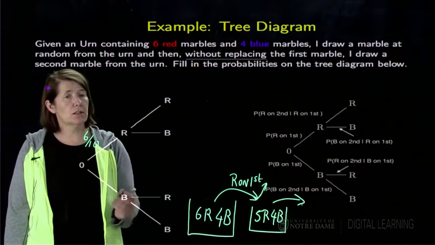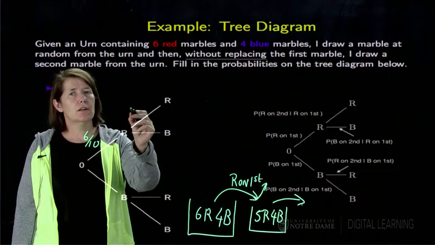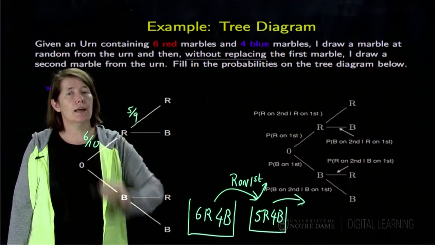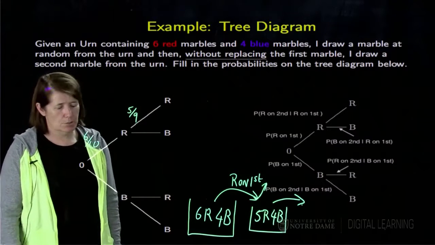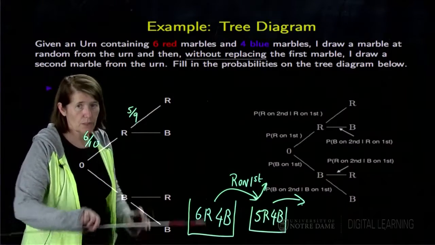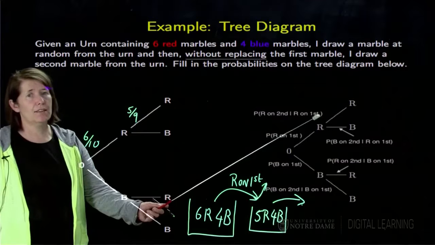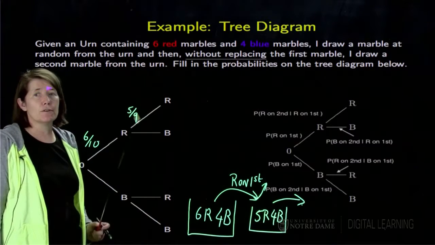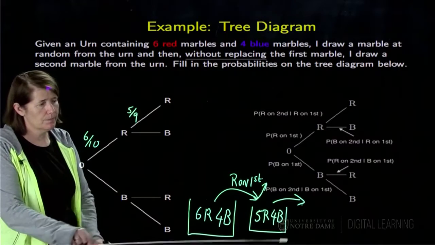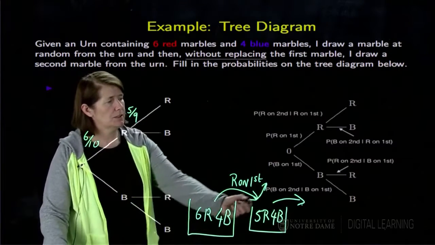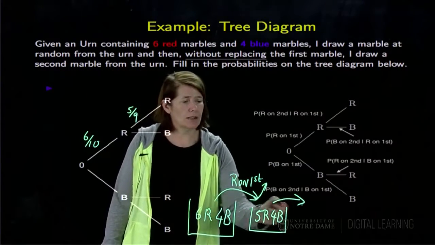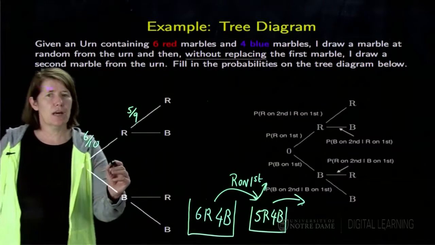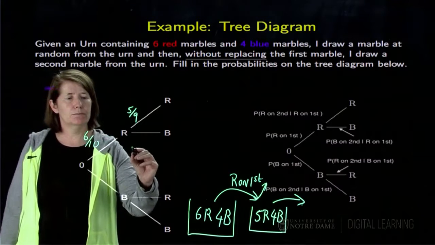The chemistry in the urn has changed. There are now only 9 marbles, 5 of which are red. So this conditional probability, the probability that I get a red on the second, given that I got a red on the first, is 5/9. And then, of course, the probability that I get a blue on the second draw, well, there are 4 blues out of 9 marbles, so that's 4 out of 9.